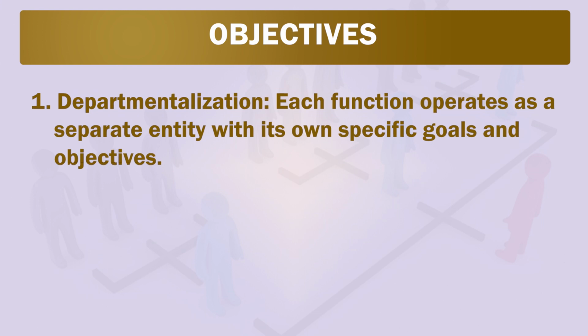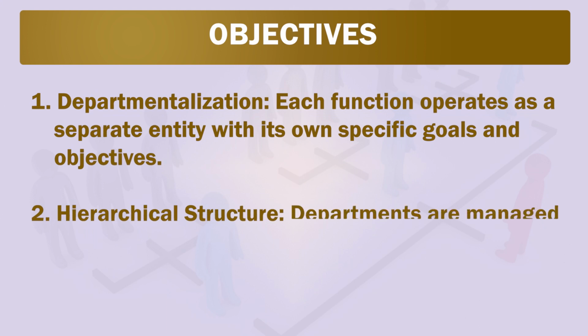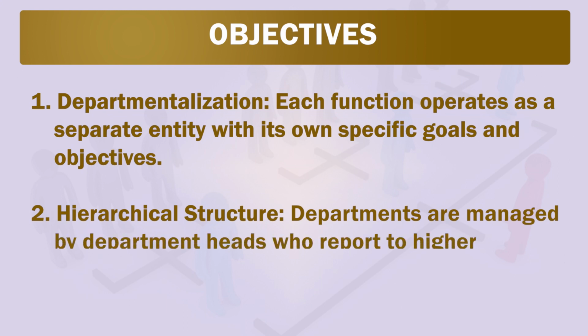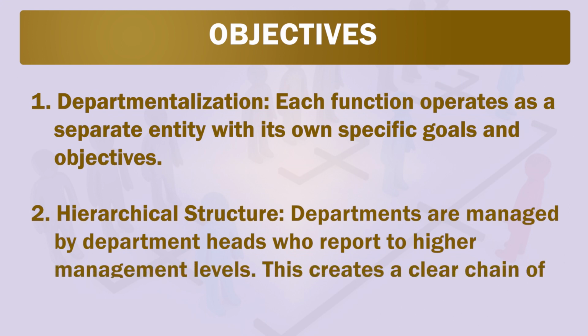The second feature is a hierarchical structure. In the sense, departments are managed by department heads. Each department, for example, finance, HR, marketing, has different heads, and then the higher management levels. So, that will create a clear chain of command.